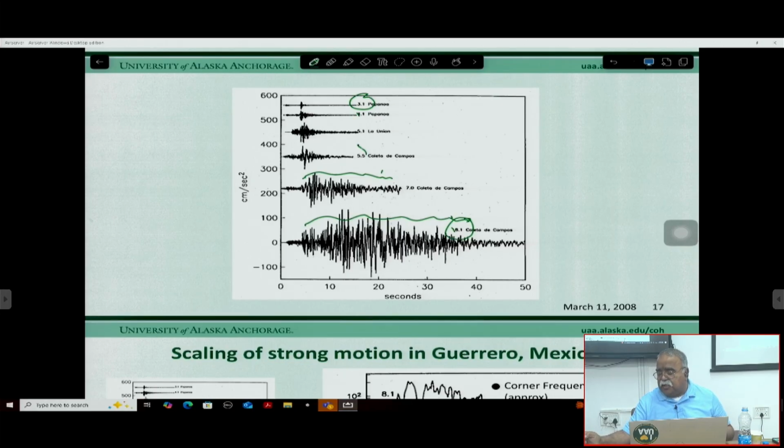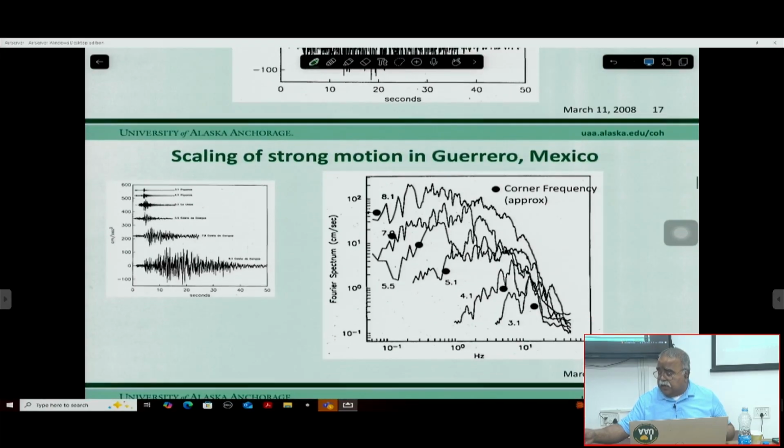This is actually the main shock, and after that a lot of other shocks are coming, and this is centimeter per second square, the acceleration. If I put this in the spectrum domain, then for a 3.0, the corner frequency is here, because this will be like this, and then this will be like this.